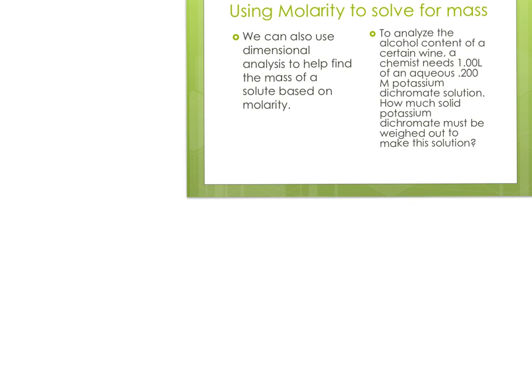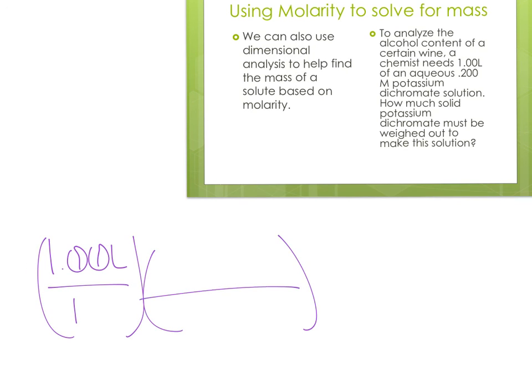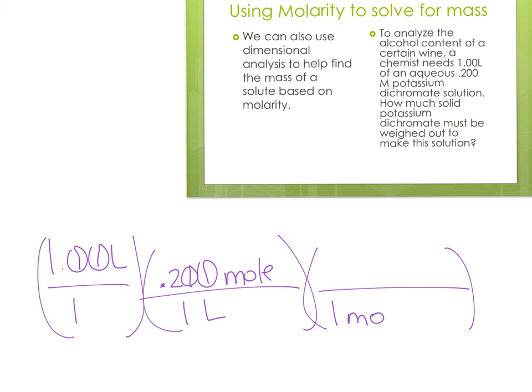So we're just going to take 1.00 liters, and we said we had 0.200 moles potassium dichromate per 1 liter. And then I want to know the number of grams. Well, I know that 1 mole of potassium dichromate, oh crud, I don't even know the formula.